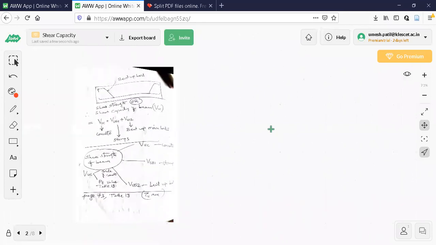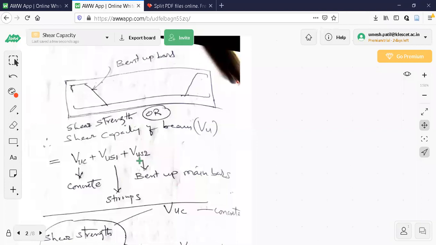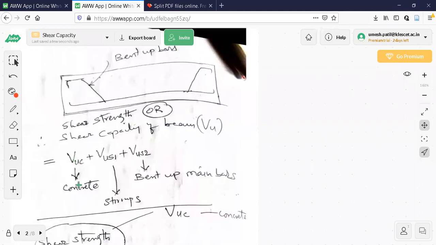Okay, so let us start this one here. Observe. Now observe shear strength or shear capacity. That's what I told you: VUC, VUS1 plus VUS2. This shear strength is of concrete alone.